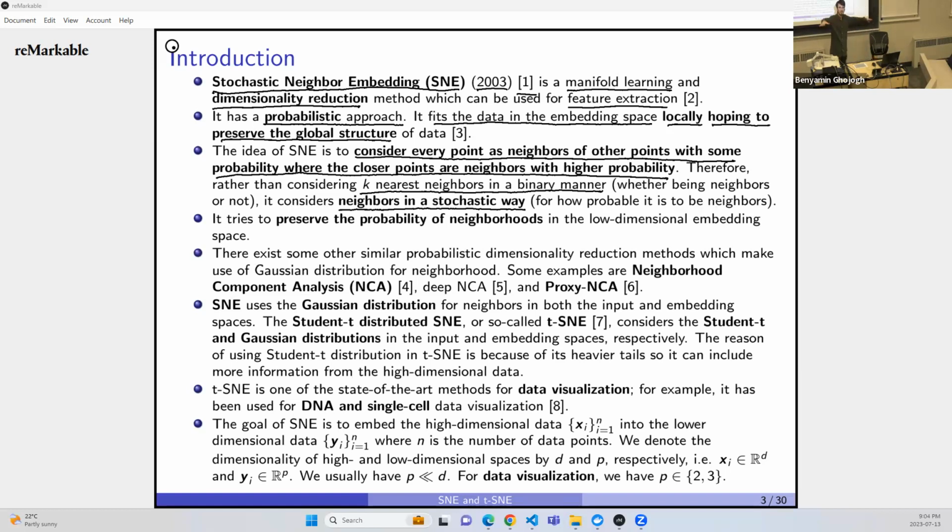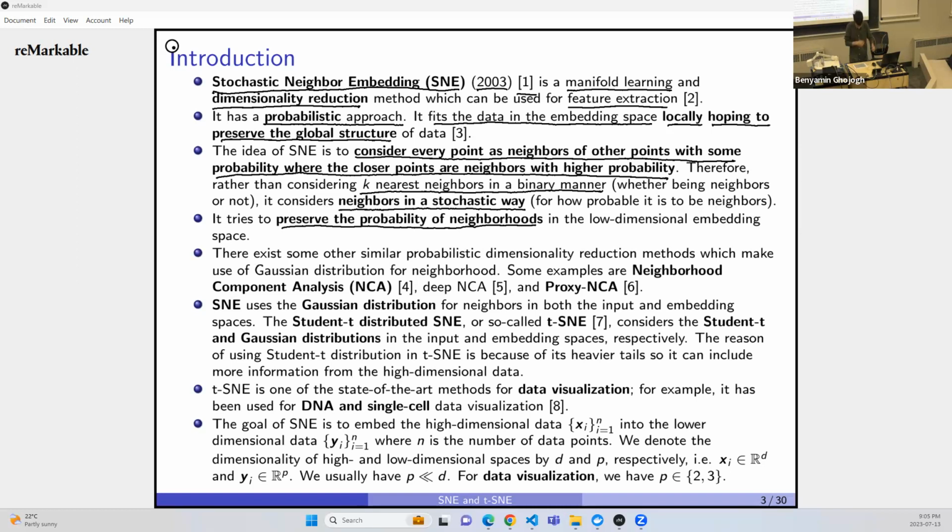We have PDFs in the input space and PDFs in the embedded space, and we minimize the KL divergence. The idea is interesting: let's preserve the probability of neighborhoods. I think after this course, you're ready to read the literature and design algorithms.